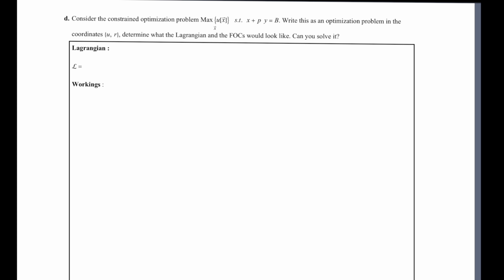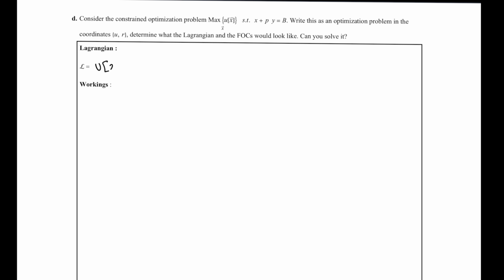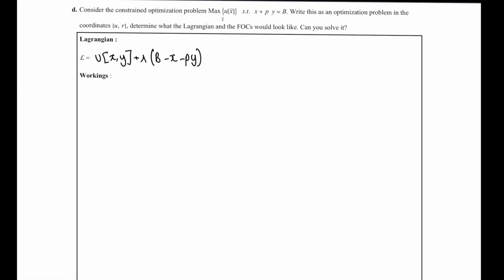Okay, so the Lagrangian would be our function u, which is a function of x and y, plus lambda times b minus x minus py. Now, this is the same as writing xy plus lambda times b minus x minus py.